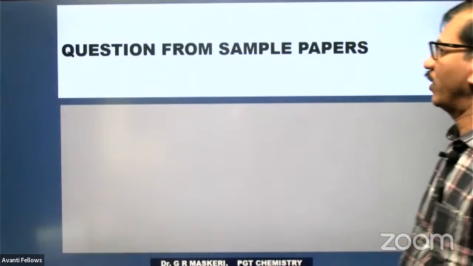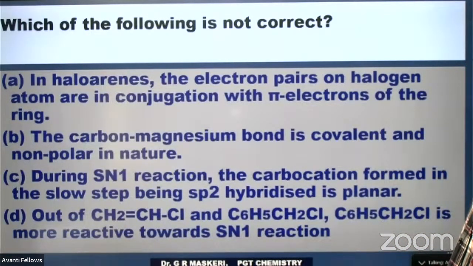Questions from sample papers. I will quickly look into that. Which of the following is not correct? In haloarenes, the electron pairs on halogen atoms are in conjugation with pi electrons of the ring. The carbon-magnesium bond is covalent and non-polar in nature.